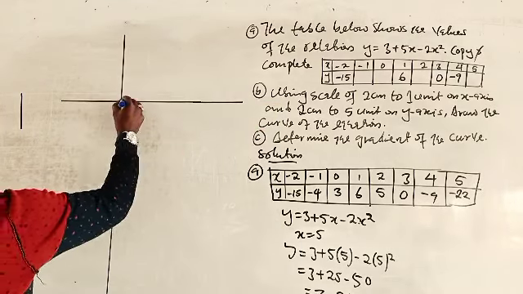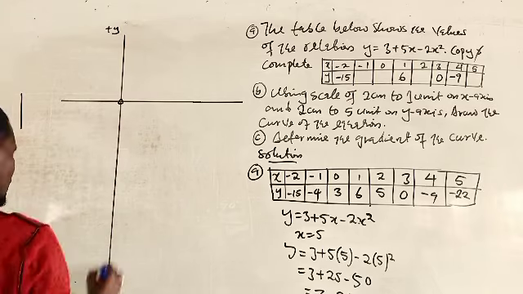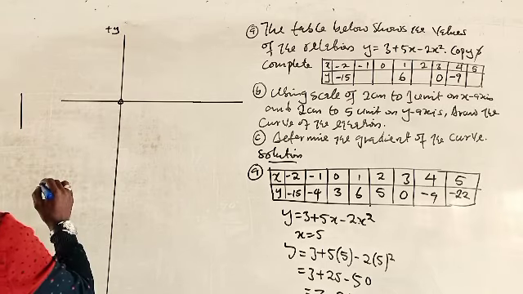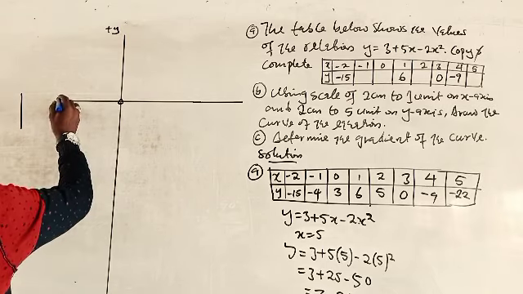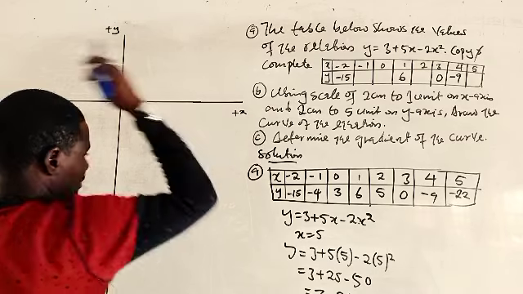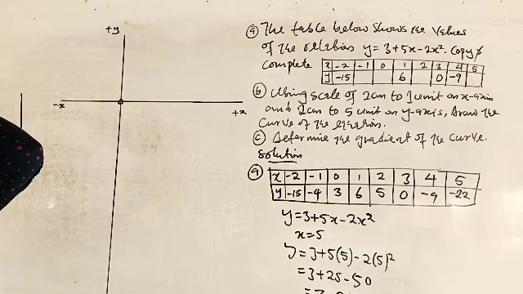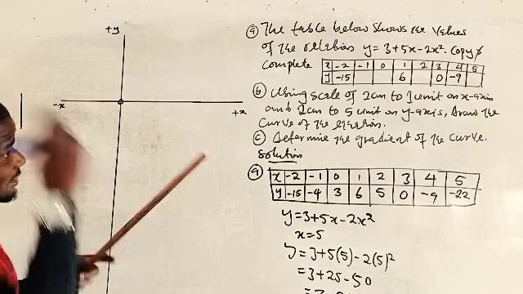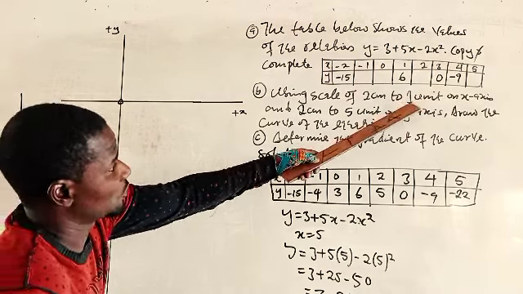Now this is the origin. Remember, this is positive y, this is negative y, and this is negative x, this is positive x. So from here, we are to use the scale as it is given. 2 centimeters to 1 unit on the x-axis.